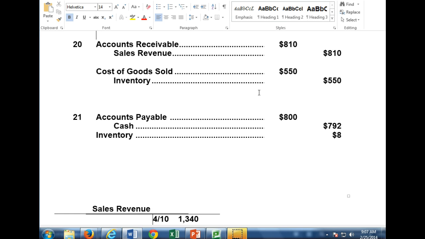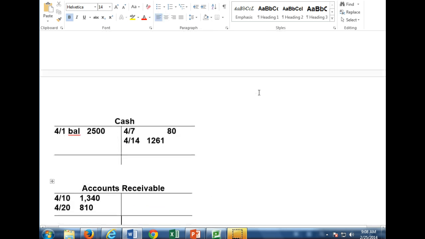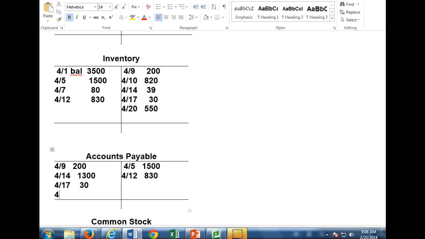Pay Palmer Sportswear in full. Accounts payable was a debit of how much? Do you guys see what I'm looking at? The journal entry? Accounts payable of 800, cash of 792. So we debit accounts payable of how much? 800. What's the date on this one? 21st, 800.